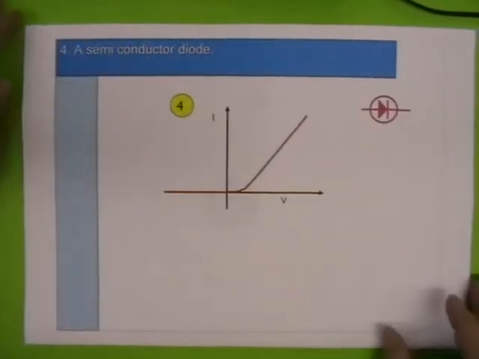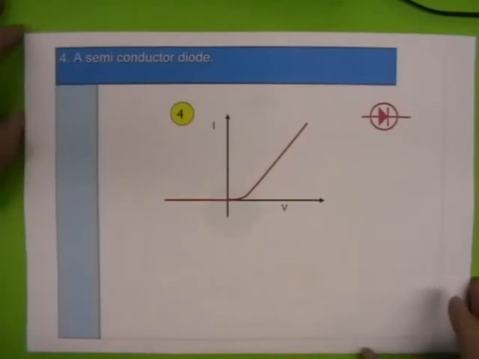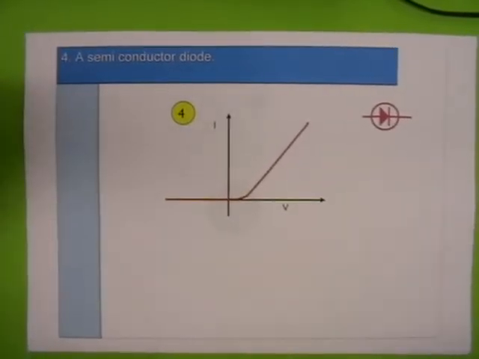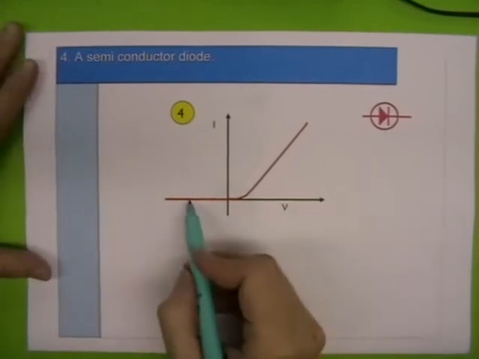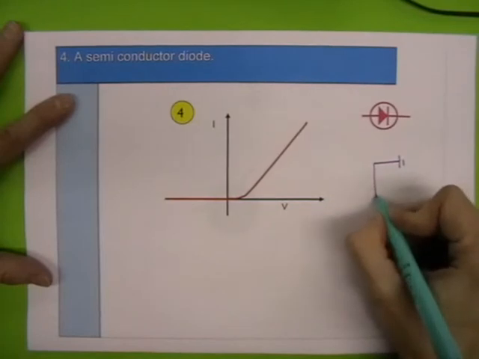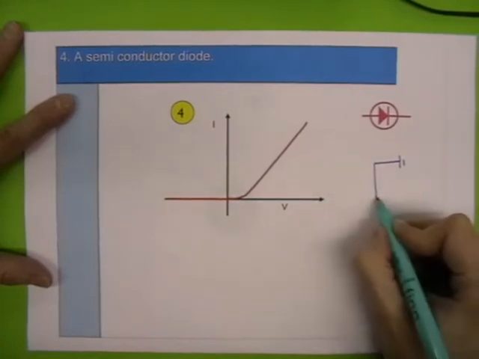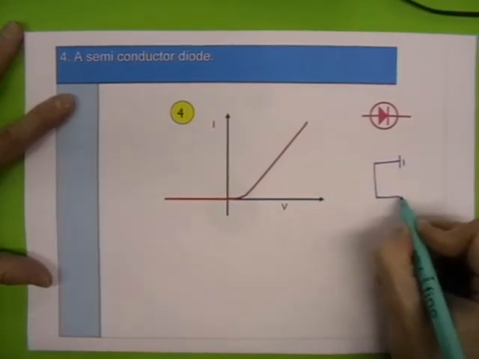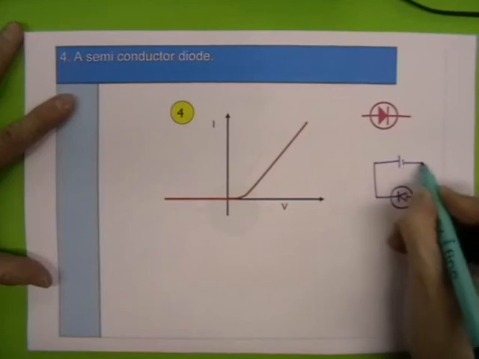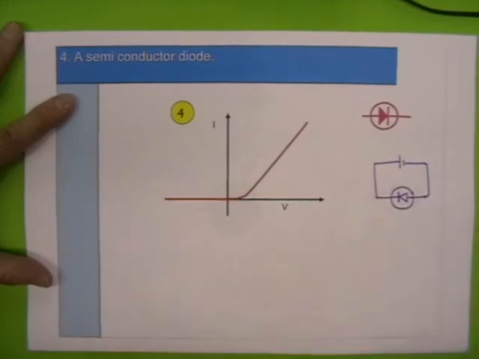Number 4 is something called a semiconductor diode. This is its symbol here. Whenever you connect a semiconductor diode into a circuit, there's a right way and a wrong way to connect it. If you connect it into the circuit the wrong way, I'll explain why this is the wrong way here, then no current flows.